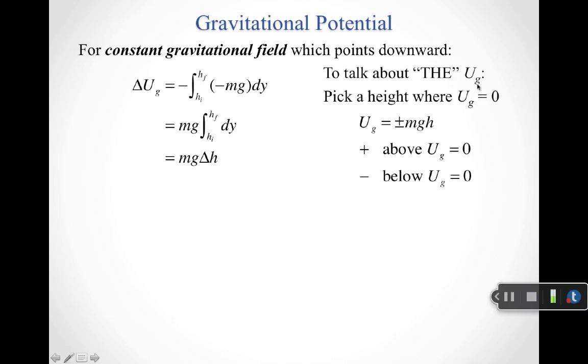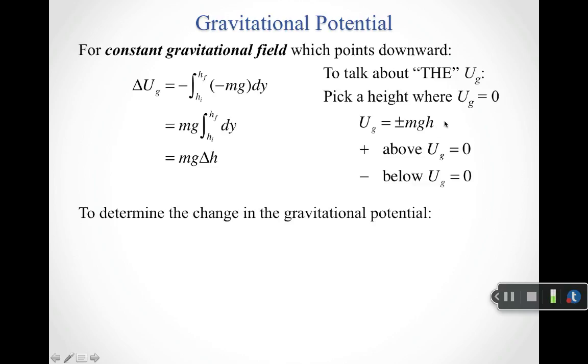And again, if we want to talk about the gravitational potential energy, that means I need to pick a point in the case of a constant gravitational field where the gravitational potential energy equals 0, and then I can talk about the gravitational potential energy using this equation. So the plus or minus tells me whether I'm above or below my 0 point, and then these are all defined to be positive scalar quantities.